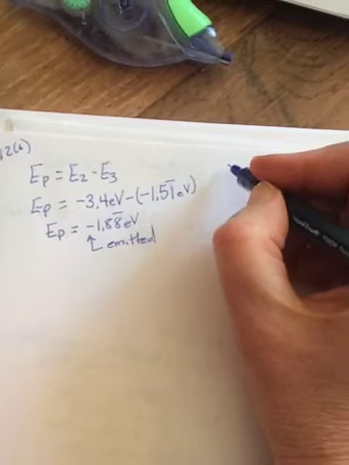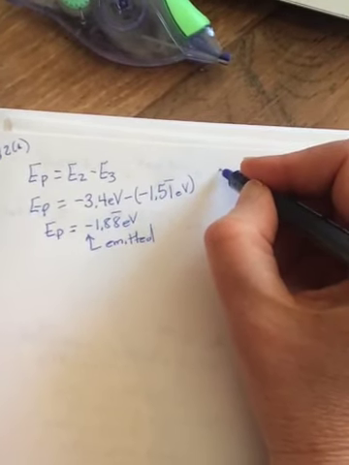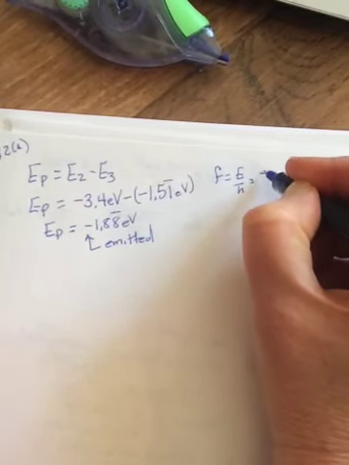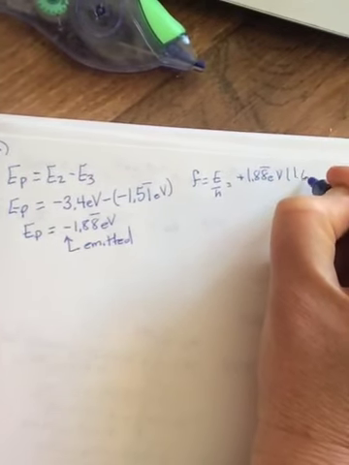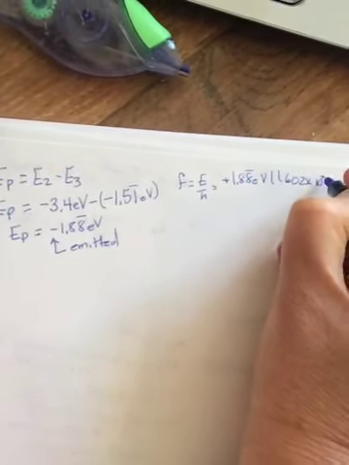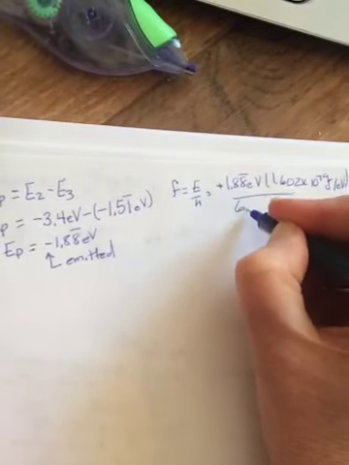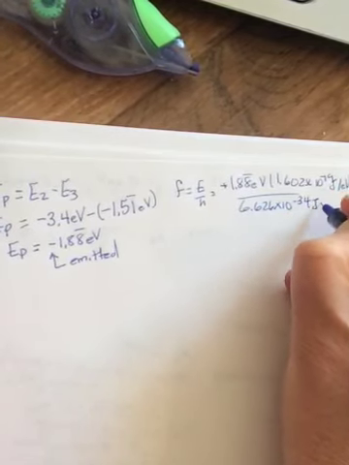Or maybe actually it wants the wavelength in the end. So you're going to do exactly the same steps. F is equal to E over H. And you can drop the negative now, it just meant emitted. 1.602 to the negative 19 joules per electron volt divided by 6.626 to the negative 34 joule seconds.